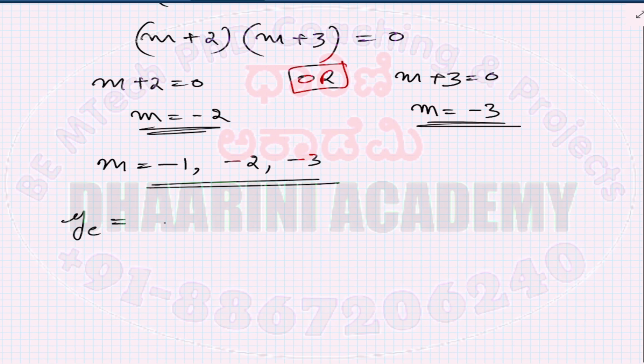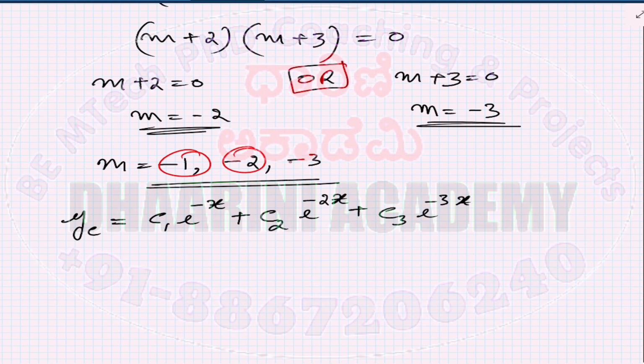The y c will be equal to a constant e to the power minus 1 into x, the first root, plus another constant e to the power minus 2x, plus another constant e to the power minus 3x. So you can see that each of these roots is present: minus 1, minus 2, minus 3. This is what the rule says when we filled up the table.